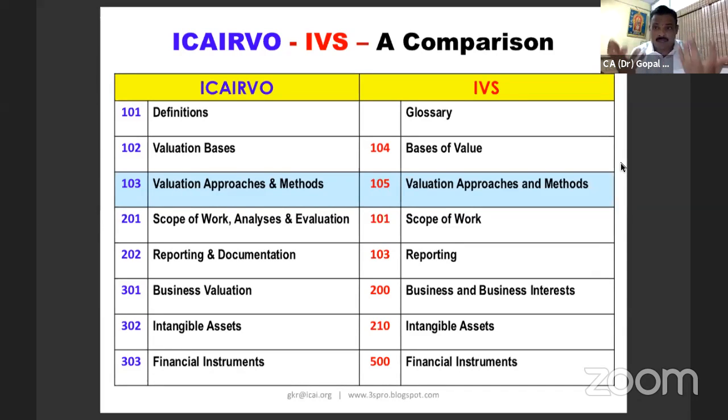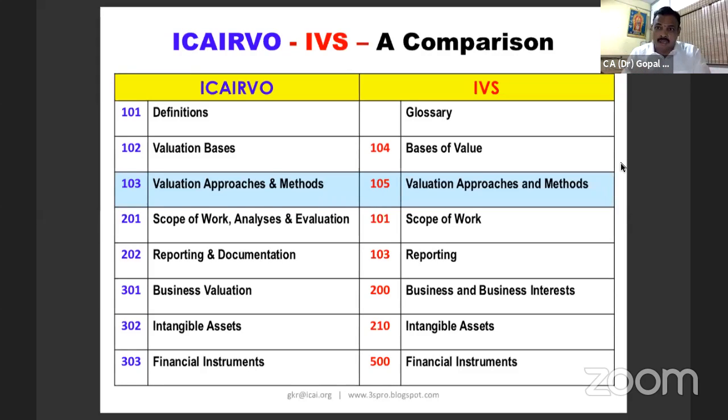So wherever the best practices are there, if it is the best of the best, we have to take it. And that is why there are places where I will be referring to the equivalent valuation standard of IVS. The equivalent of IVS 105, you can see in ICA RVO valuation standard 103, valuation approaches and methods, almost the same.